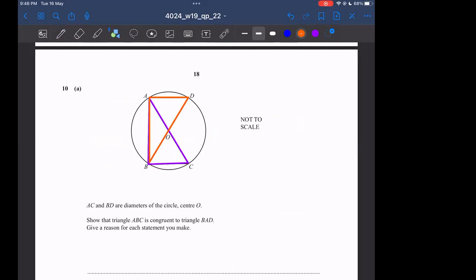So how are we going to show that these two triangles are congruent, this purple and blue-orange triangle? In ABC, A corresponds to B over here, B corresponds to A over here, and C corresponds to D over here. This is triangle ABC, this one is triangle BAD.